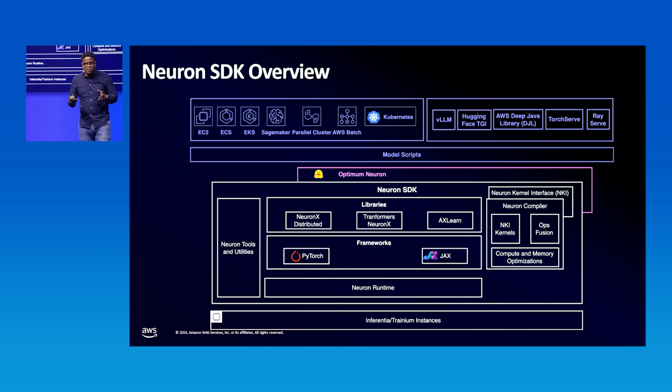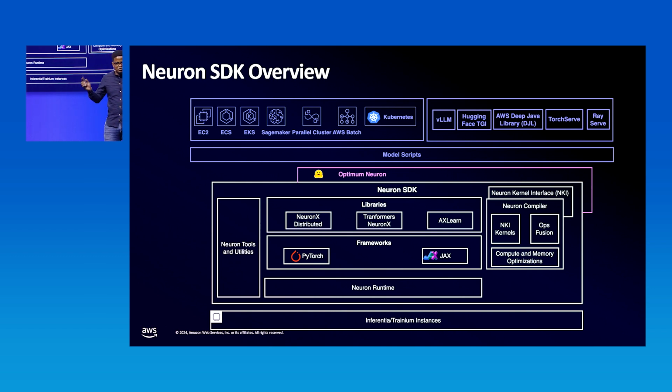So we also offer the Neuron SDK, which enables you to get all the capabilities of these accelerators. The Neuron SDK is a robust software suite with all the utilities to support you through your end-to-end machine learning development lifecycle, from model development, benchmarking, optimization, and deployment.